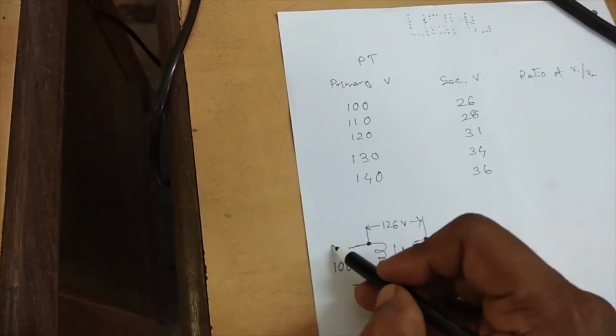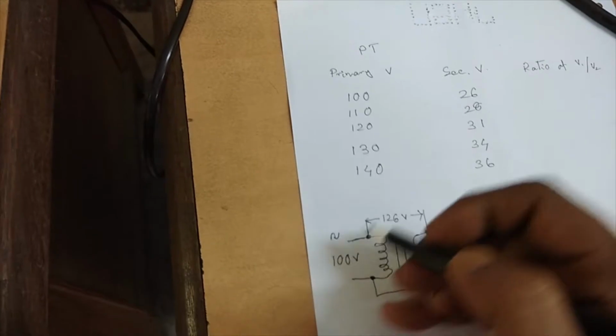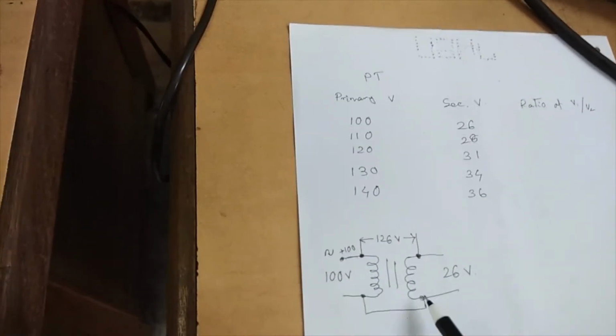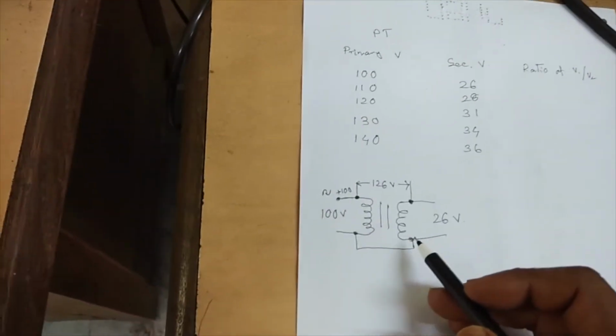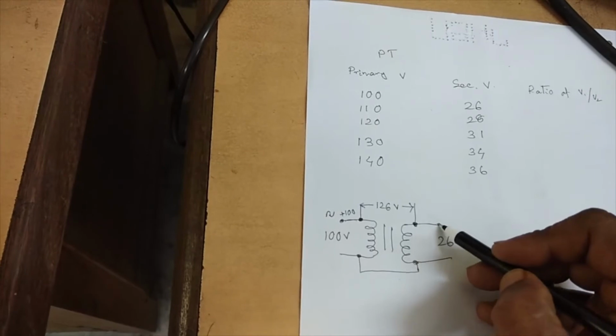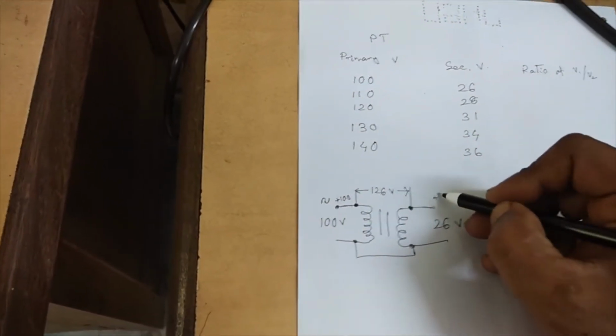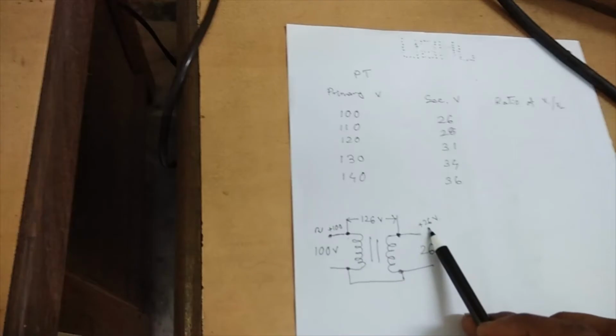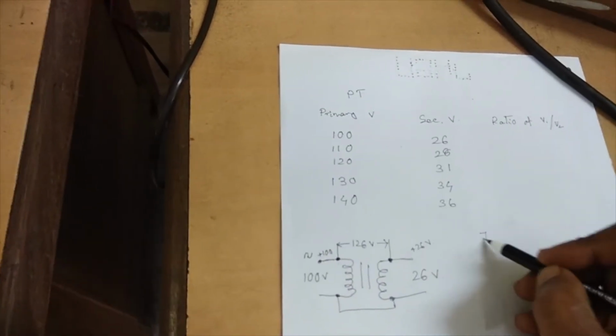Okay, now suppose in an AC cycle, if this end is plus 100 volt, and this transformer is in same polarity, then this end will be plus 26 volt. Then the potential difference of those 2 points will be 100 minus 26, that is 74 volt.